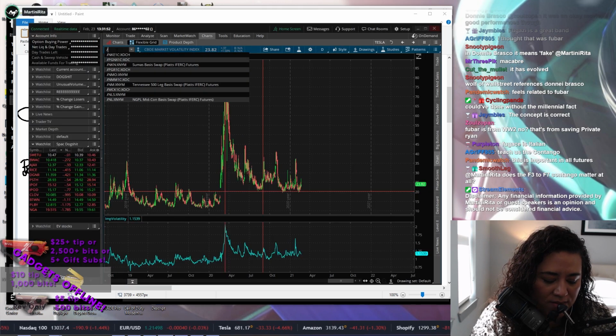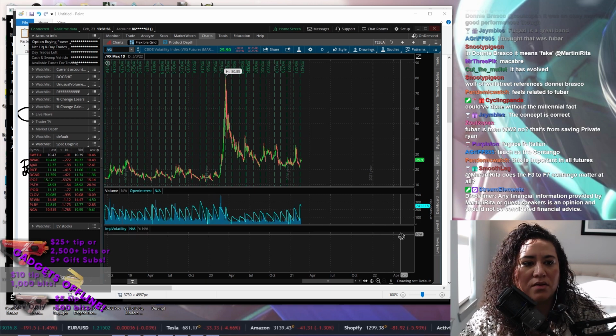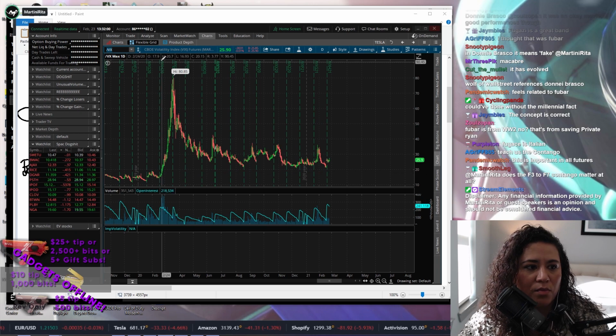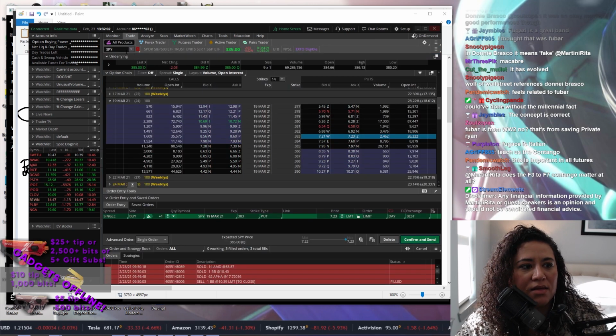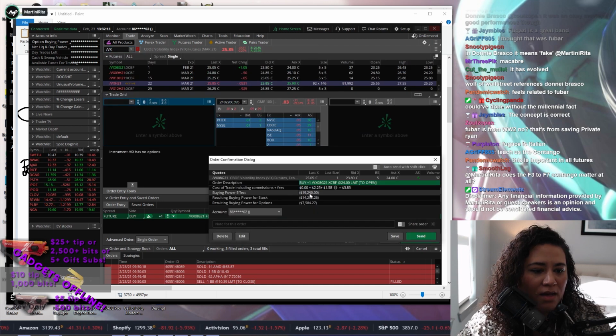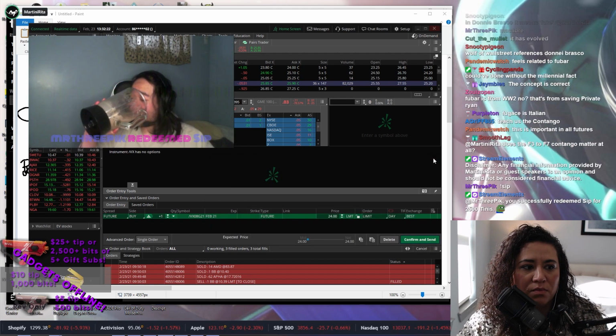You can just do /VX and you can see the current contract graph. Now the problem with this is this product is quite massive actually. It is about a $20,000 contract just to hold it, and that's only the margin. The contract is actually worth much more.